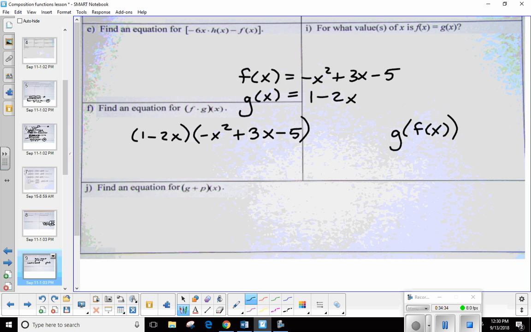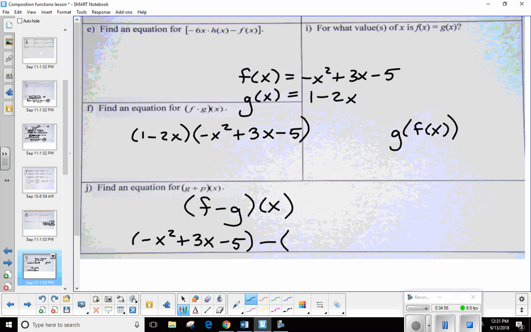What if I were to give you this? What if I said f minus g of x? Would I substitute one into the other or simply subtract them? Simply subtract them. So f minus g of x, well, I would take negative x squared plus 3x minus 5, and then I'd want to subtract.